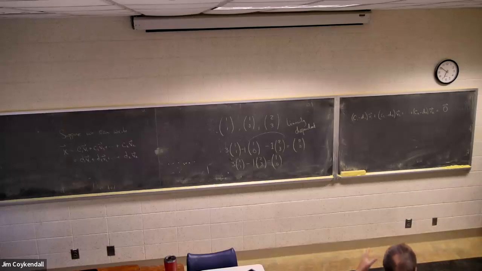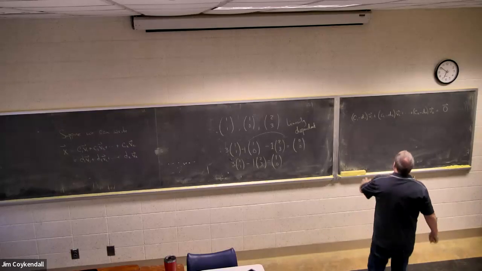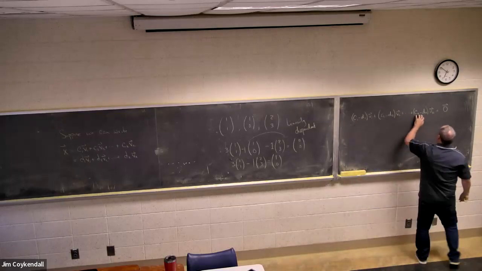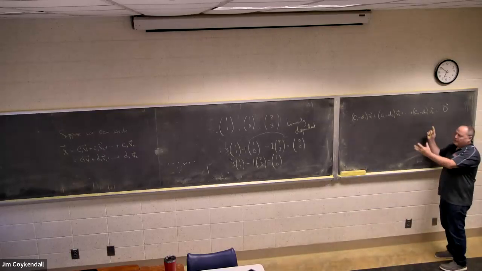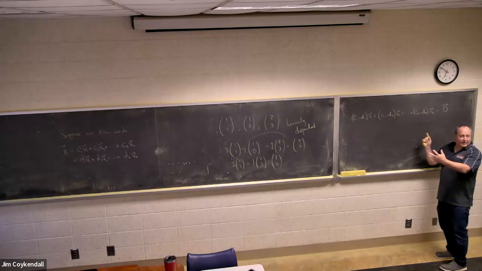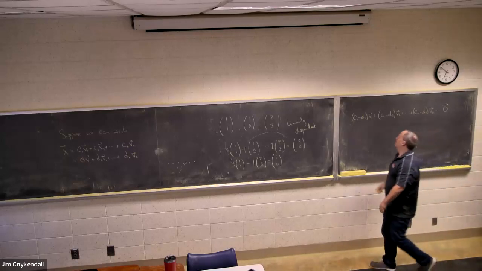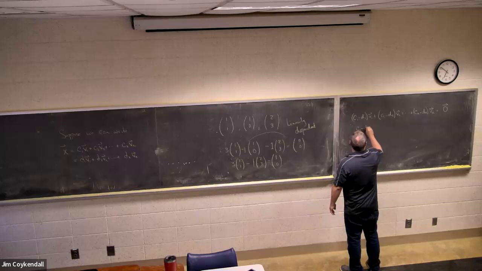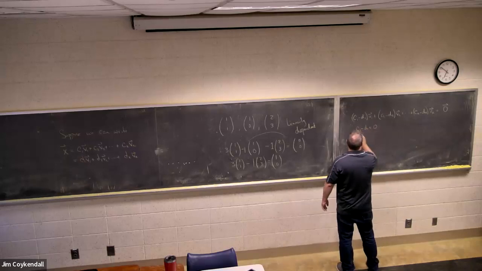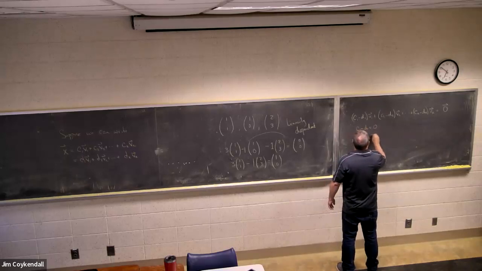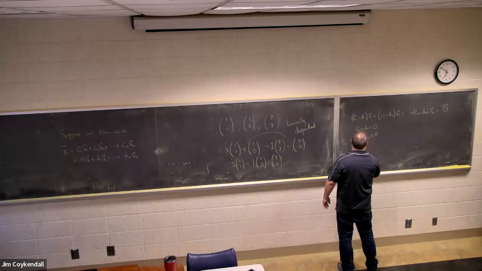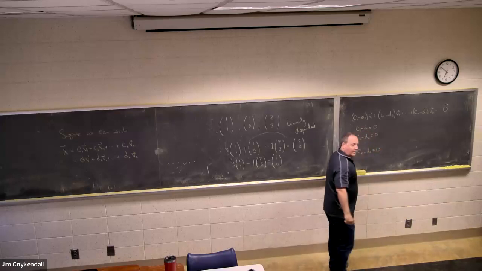So here I have an equation, a bunch of numbers multiplying my linearly independent vectors. So what does it mean about all my numbers then? They all have to be 0. C1 minus D1 must be 0. C2 minus D2 must be 0. All the way down to CK minus DK equals 0.